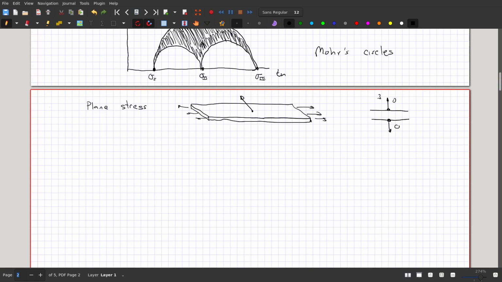The whole last row of the stress tensor. So that's plane stress. And then there's also one called plane strain. And each of these has its own set of Mohr circles associated with it. Plane strain is sort of a problem where instead of a very thin section, you have a very, very thick section.